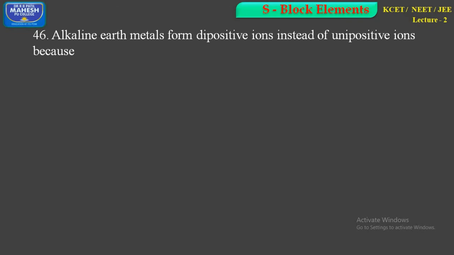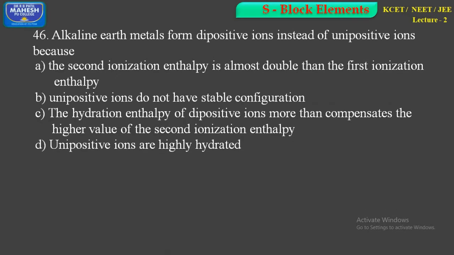Question 46. Alkaline earth metals form dipositive ions instead of unipositive ions because: option A, the second ionization enthalpy is almost double the first ionization enthalpy. Option B, unipositive ions do not have stable configuration.